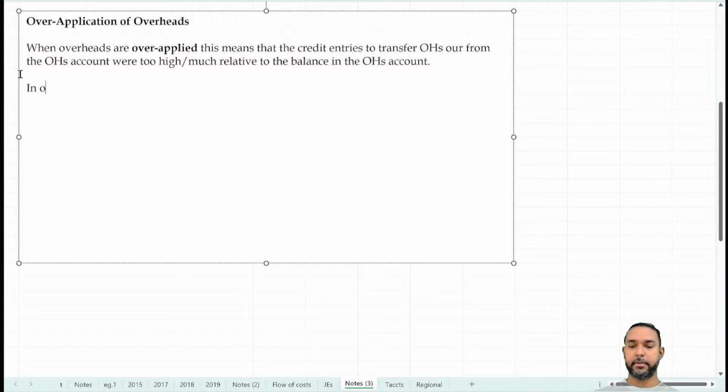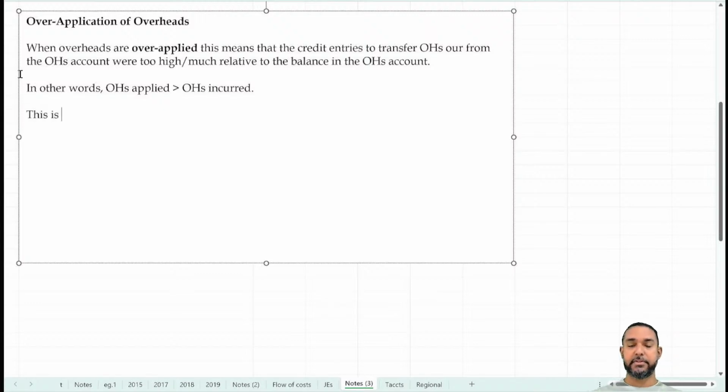In other words, overheads applied were greater than overheads incurred. So you applied more overheads than you actually incurred. You applied too much.